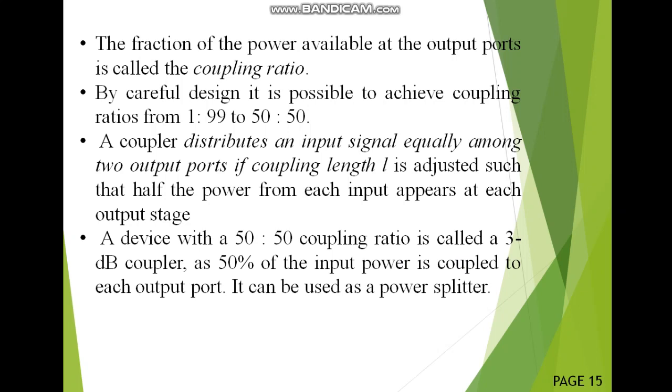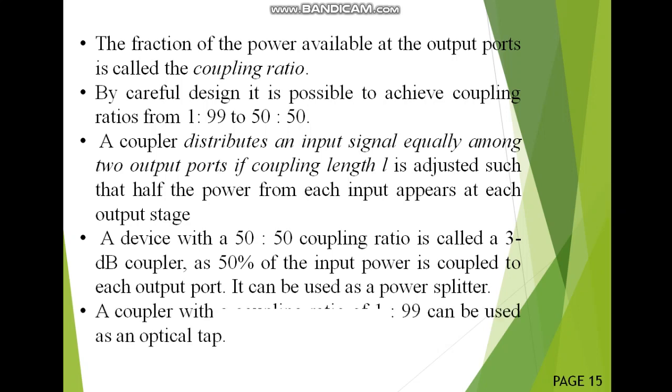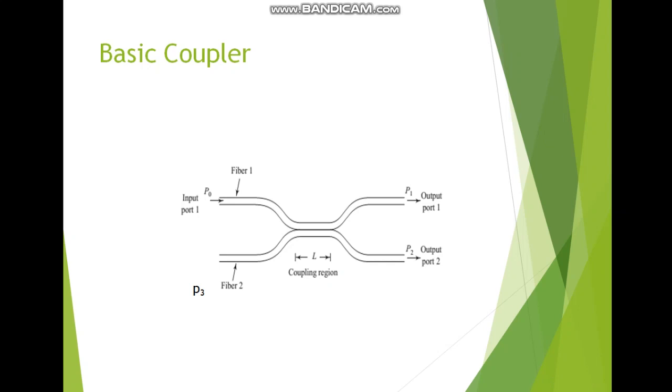A device with a 50:50 coupling ratio is called a 3 dB coupler, as 50% of the input power is coupled to each output port. It can be used as a power splitter. If the coupling ratio is 1:99, then this coupler can be used as an optical tap, a very important application of a coupler.